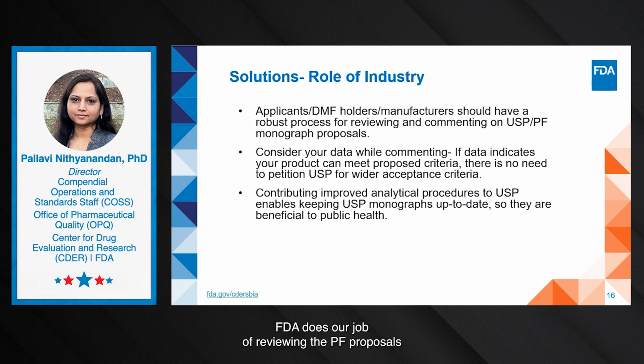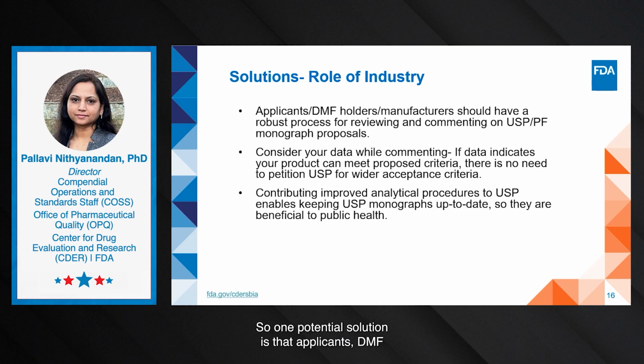So even though FDA does our job of reviewing the PF proposals and providing comments to USP, they're not specific enough. And USP does receive some comments from the industry, but it is not adequate for them to fix all the issues or address all of FDA comments.